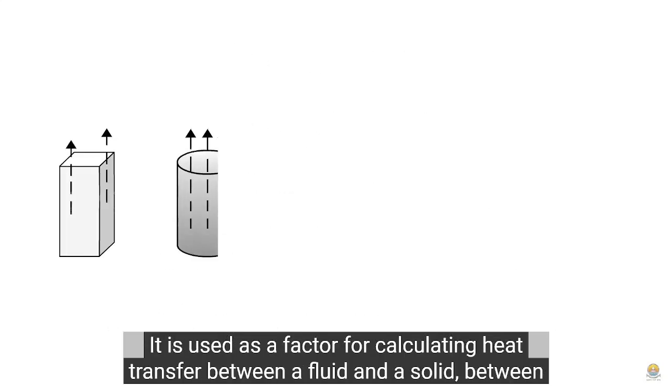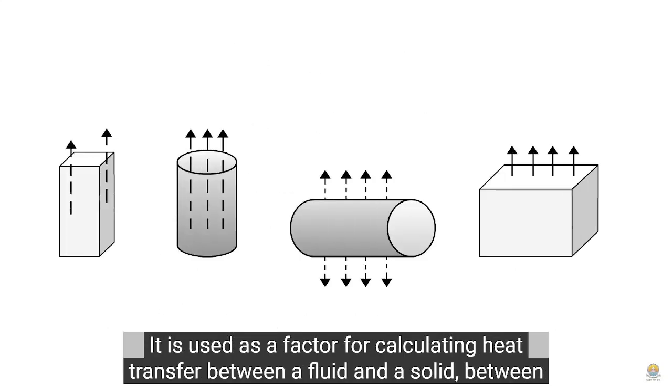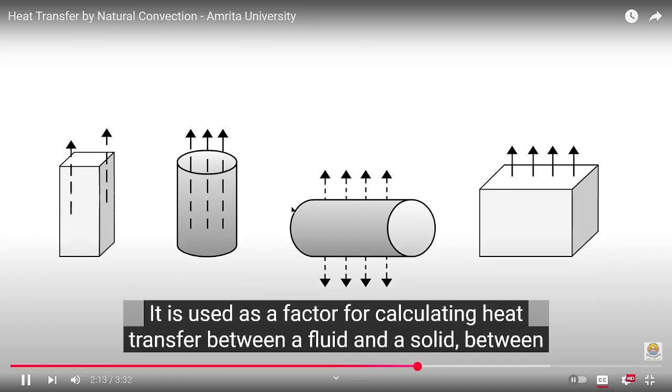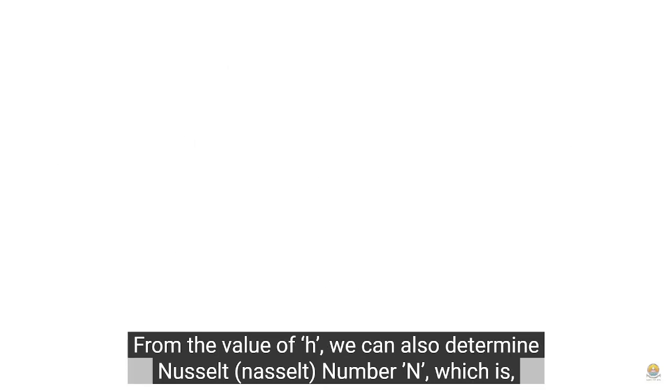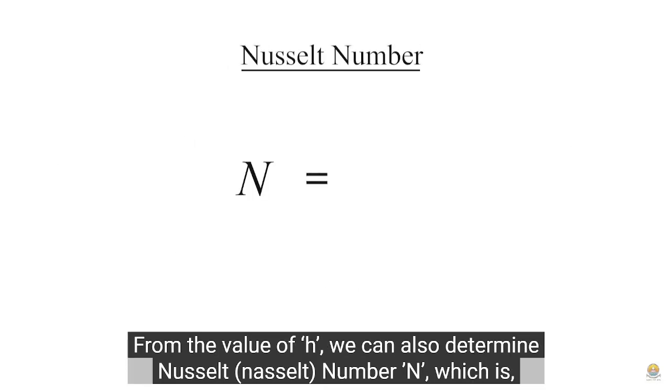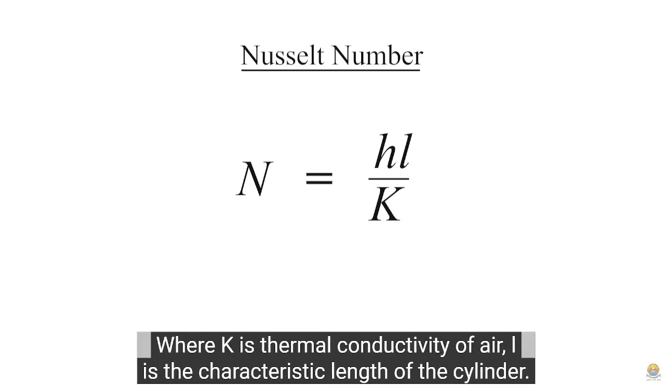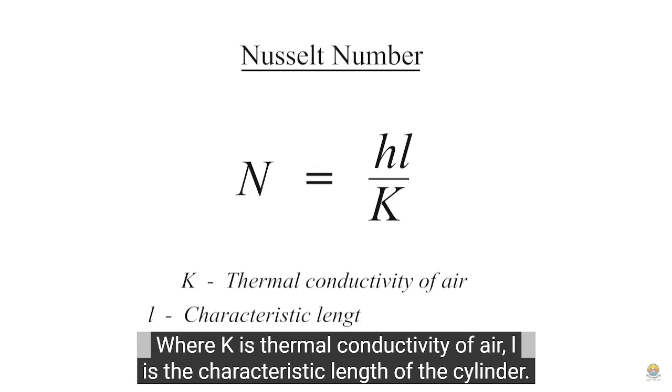It is used as a factor for calculating heat transfer between a fluid and a solid, between fluids separated by solids and between solids. From the value of h, we can also determine the Nusselt number Nu, which is Nu = hL/k, where k is the thermal conductivity of air, L is the characteristic length of the cylinder.